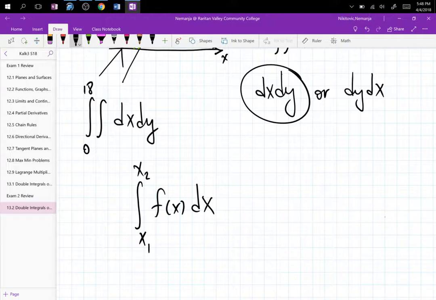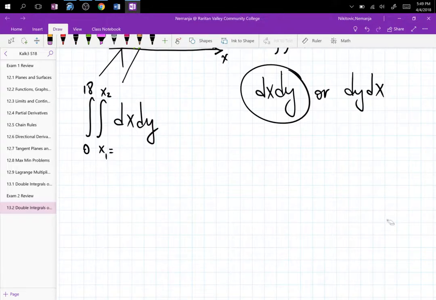Limits are x, function in terms of x, dx. So this limit here has to be some kind of a function x1 equal to stuff, and the limit up there has to be, again, some x2 equal to something, because it has to be x, x, x, as much as this was y, y, y for the outer. They all have to match.